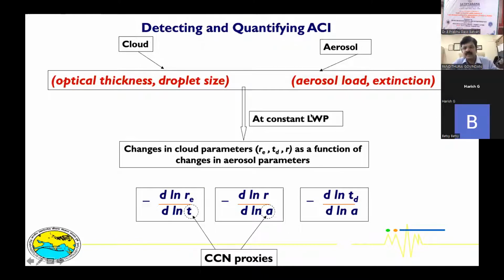This is what Dr. Prabhakaran mentioned this morning about the Feingold method, to estimate the aerosol indirect effect by seeing the relative changes in cloud droplet number concentration or cloud droplet effective radius with the changes in CCN proxies.